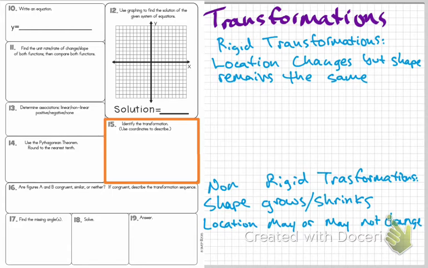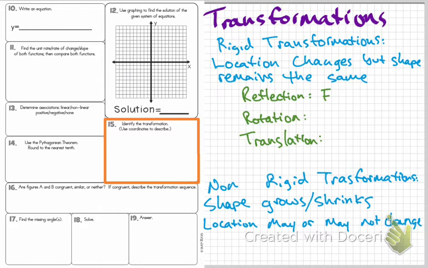Now, for rigid transformations, there are 3 types of transformations. They are called reflections, rotations, and translations. And there are some words that help me remember the differences between these. A reflection is simply the shape is going to flip on the coordinate plane.